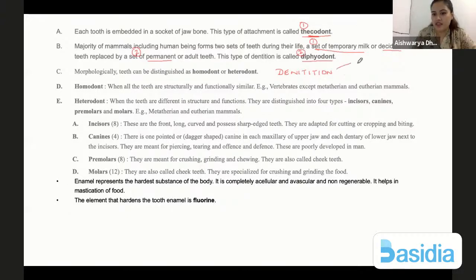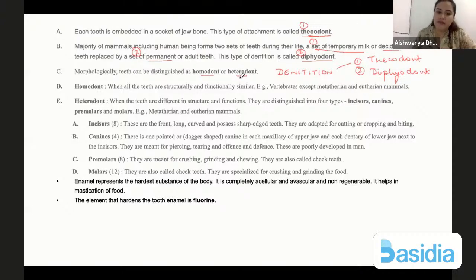So first we have thecodont arrangement. Second is that it is diphyodont. Okay. Now, morphologically, if you look at the types of different teeth that might be present in any organism, they can be distinguished between homodont and heterodont.